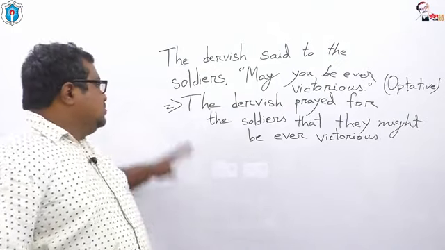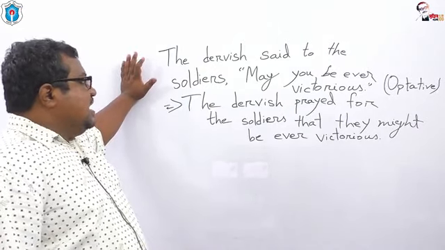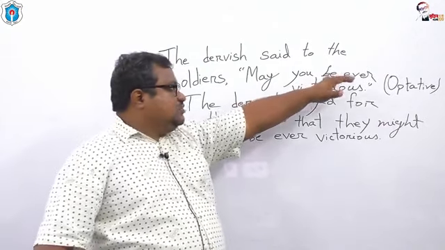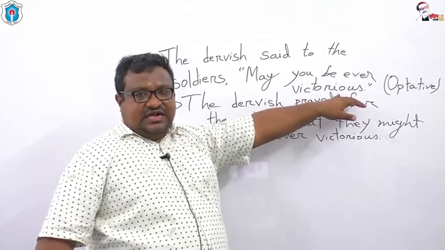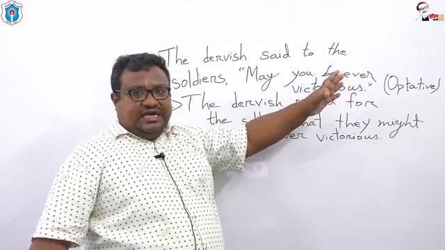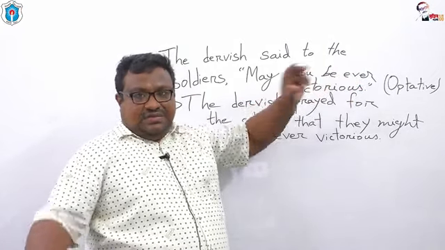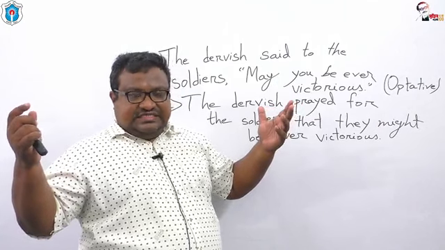Now, the sentence is like, the dervish said to the soldiers, may you be ever victorious. This word be is being used here because the adjective victorious is here. Possibly there will not be any be, because there will not always be adjectives in our sentences.